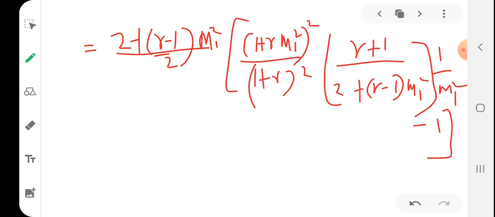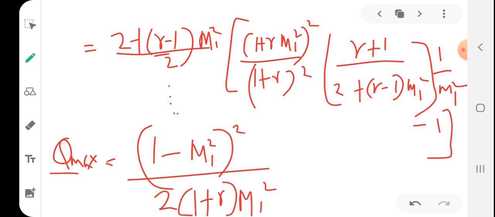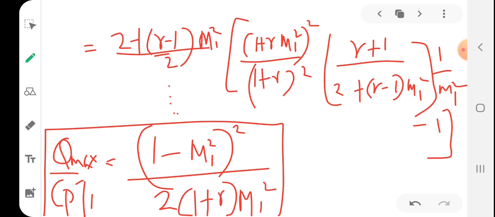Okay, so if you continue to simplify this, you will get a final answer like (1 minus M1 square) whole square by 2 into (1 plus gamma M1 square). Try to simplify this on your own. I have skipped a lot of intermediate steps. Don't worry about the steps, those are very easy, but you should be able to write the final answer.